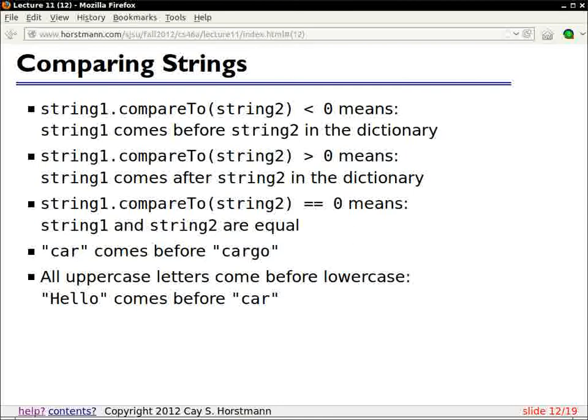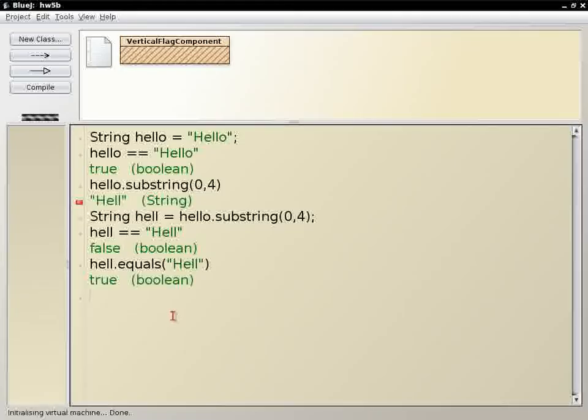Okay, lexicographic ordering. This happens sometimes when we want to compare two strings to see which one should come before the other. So let me just try a couple of strings. compare to. So I've just compared cat and cats, and it says in the dictionary you would find cat before cats.